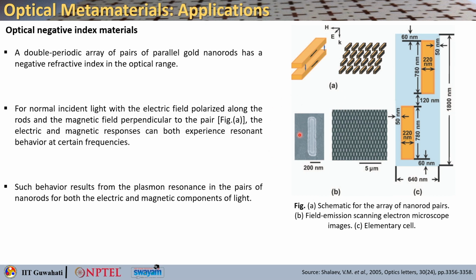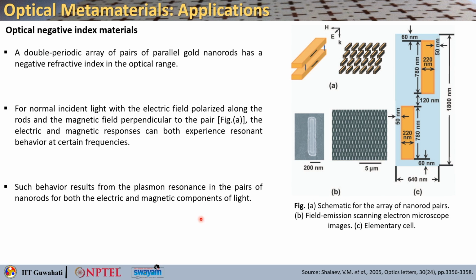So, this is how the schematic looks like for this array of nanorod pairs. This B shows the FESEM or the field emission scanning electron microscope image. This is the length scale, 5 micron, and this is the length scale here when you zoom it further. And this is how the elementary cell looks like.